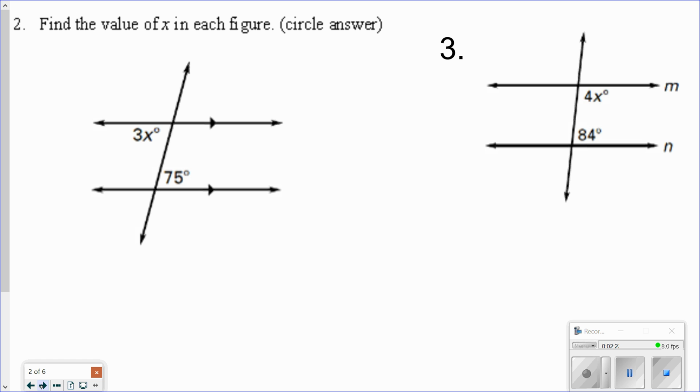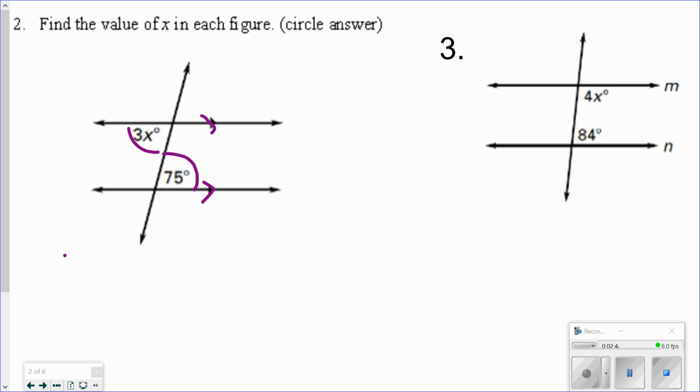All right, next, let's find the value of x in the figure. We have 2 examples here. So if we look at example 2, I know that these lines are parallel because of those 2 arrows. So since those lines are parallel, we need to look at these 2 angles. Are those one of our special angle pairs? And they are.